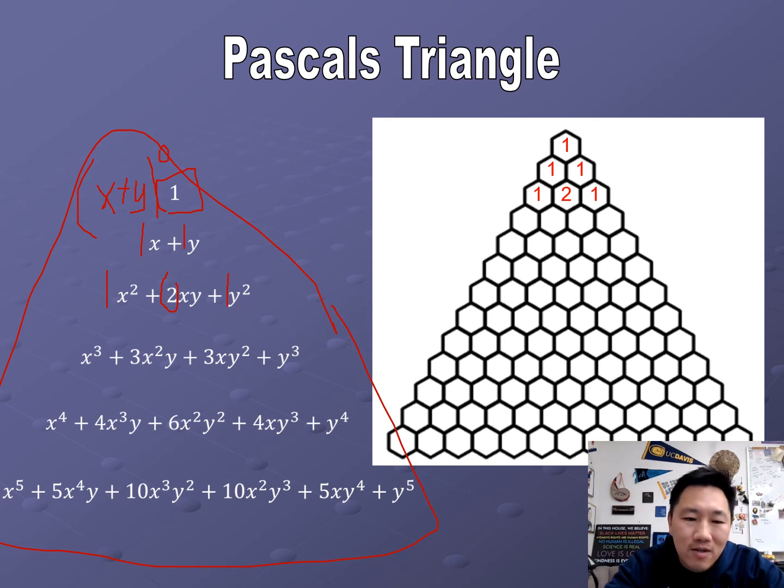Next one is 1, 3, 3, 1. The next one is 1, 4, 6, 4, 1. I don't know why they came out of that order, but there it is. And then the next one is 1, 5, 10, 10, 5, 1.